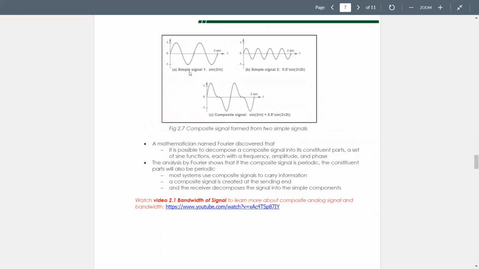For example, this is the original signal, and I have another signal; I combine them to form a digital signal. Why do we need to convert it to digital? Actually this is under your DSP later on. We convert signals from analog to digital so that we can first transmit the data.